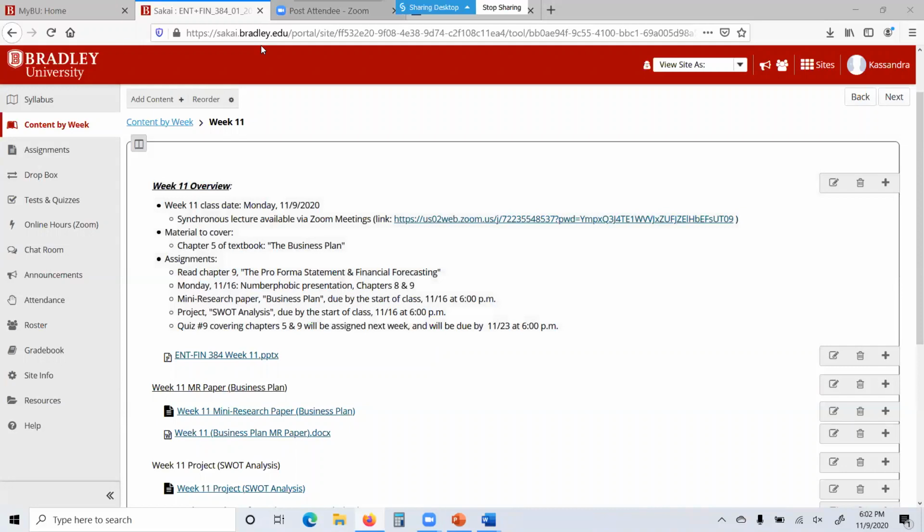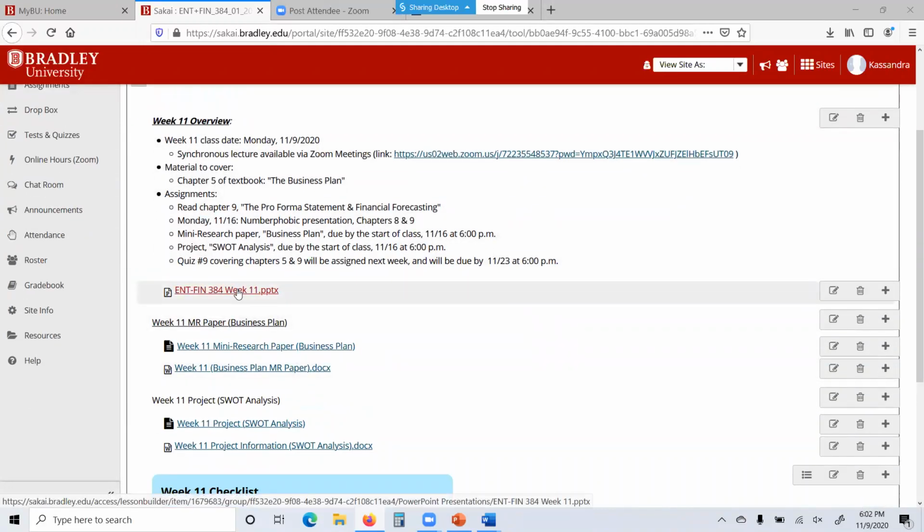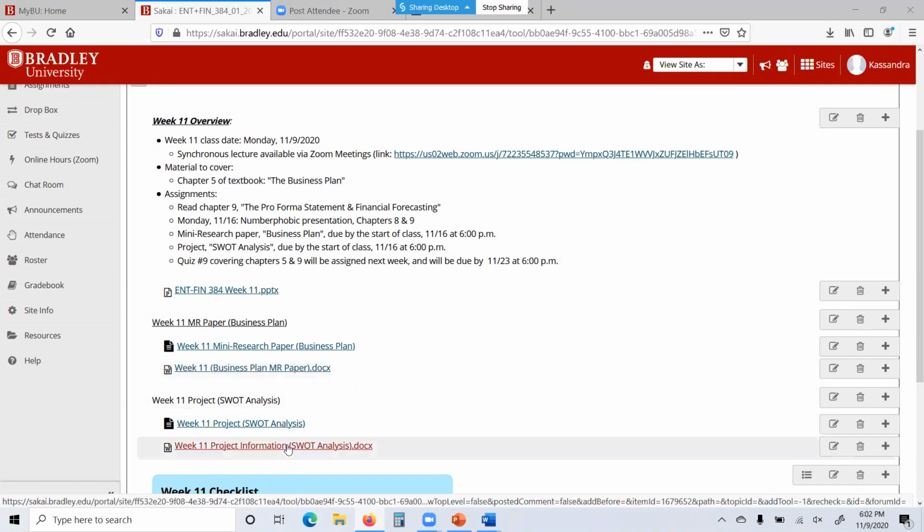And I actually have the handouts. The handouts that we distributed to everybody were the PowerPoint slide handout, and a handout showing the business plan, mini research paper, and one with the information for the project.